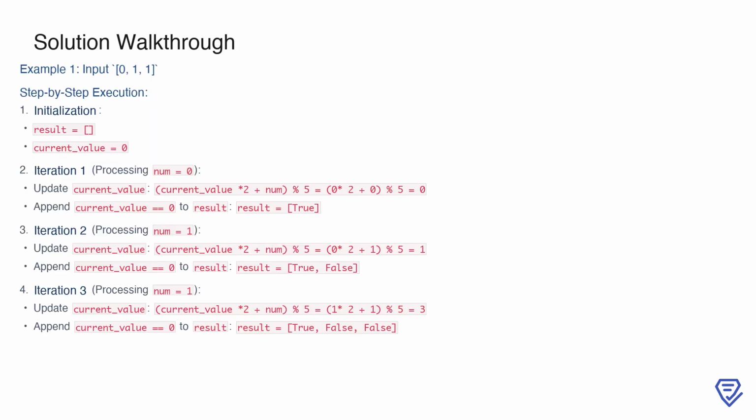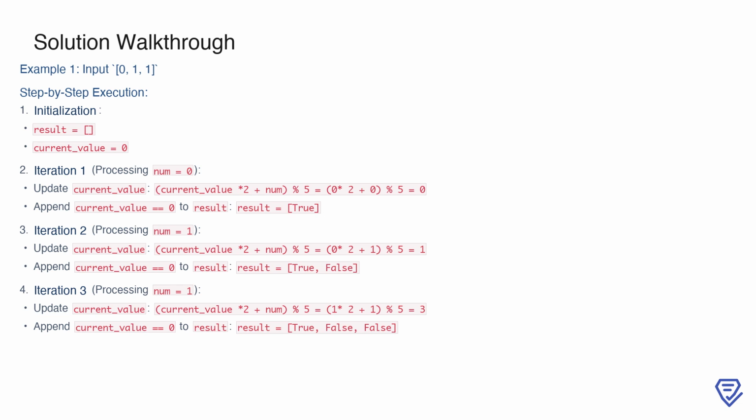In this example, we are given the binary array 0, 1, 1. The goal is to determine for each prefix of the array whether the binary number formed is divisible by 5. We start by initializing two variables, result, an empty list that will store our Boolean outputs, and current_value, which will keep track of the value of the binary prefix modulo 5.